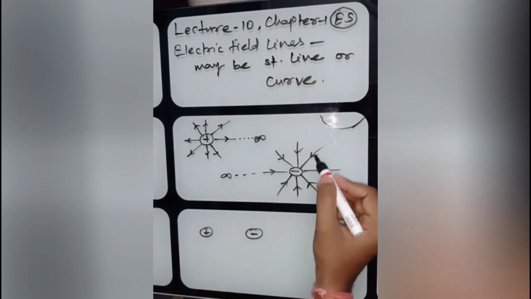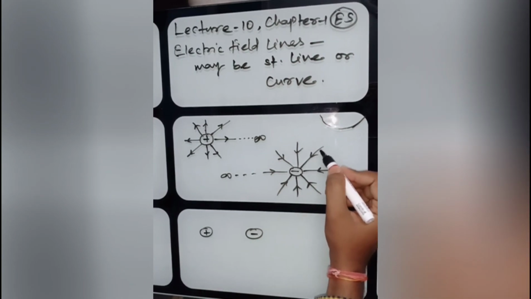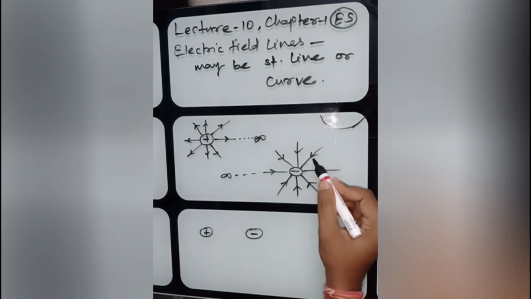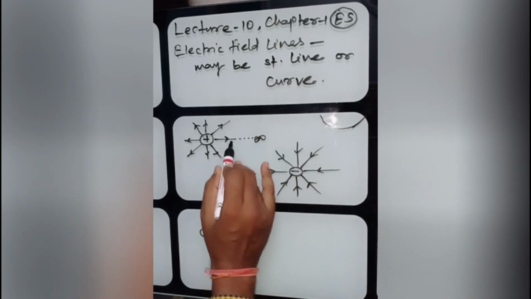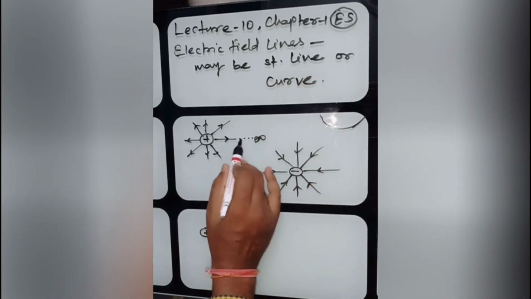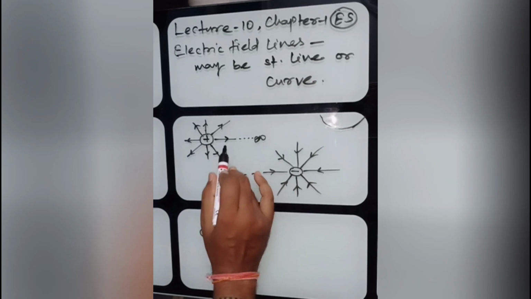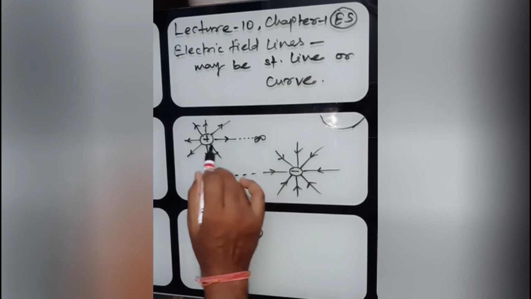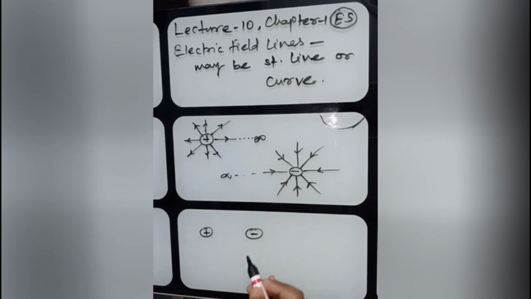If the test charge is plus, it will move toward this one. That's why we have drawn here the direction of electric field towards the negative charge. If you put a positive test charge, it will move away. That's why we have drawn the direction of field for the positive charge away from it.